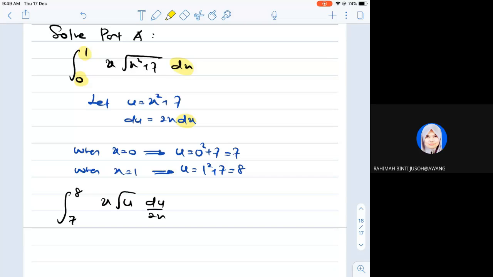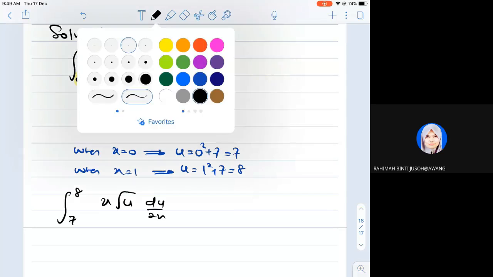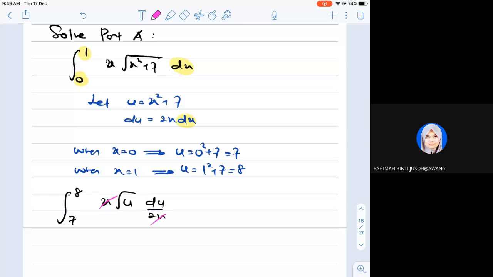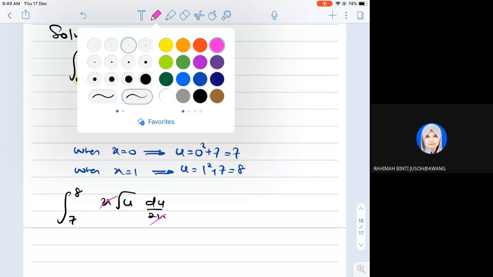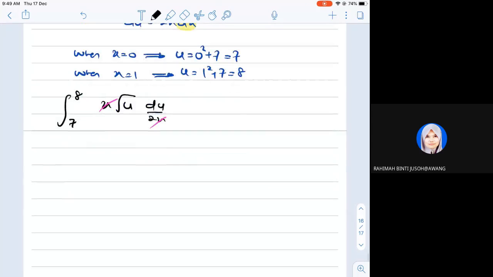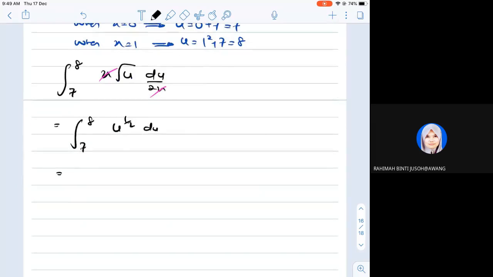Okay. So we can cancel this happily. You just cancel. Alright. So it becomes 7 until 8 u to the power of half du. So integrate this, what do you get? Power half becomes u to the power of 3 over 2 over 3 over 2, substitute.